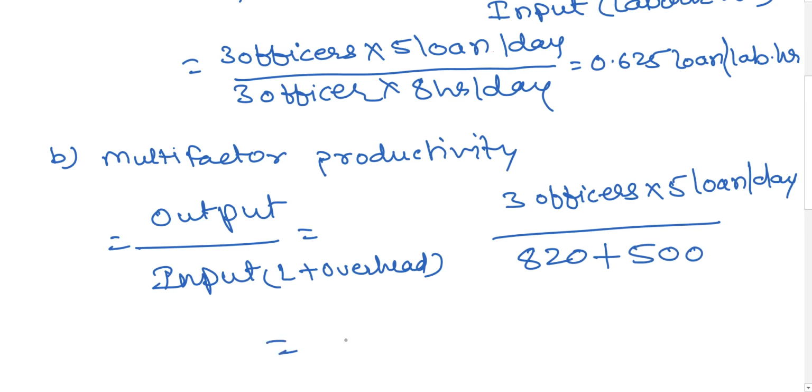So after calculating we get the productivity 0.0113 loan per dollar. Okay, so now we calculated part B of this numerical.